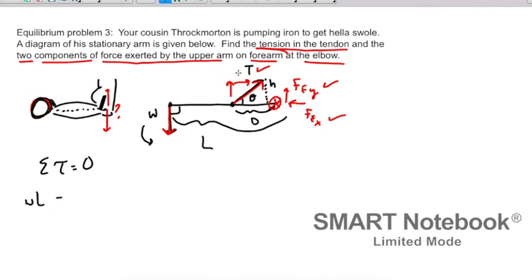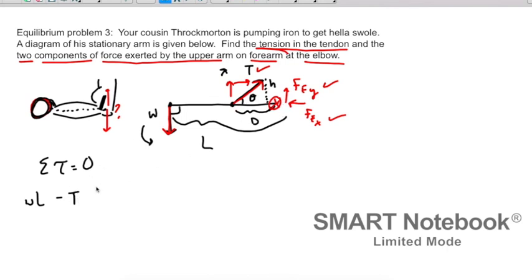I'm going to subtract from that the torque that the tension force is causing. That would pull the arm up in a clockwise direction, which we consider to be negative, and that's going to be the torque. The tension force, and then r cross theta.